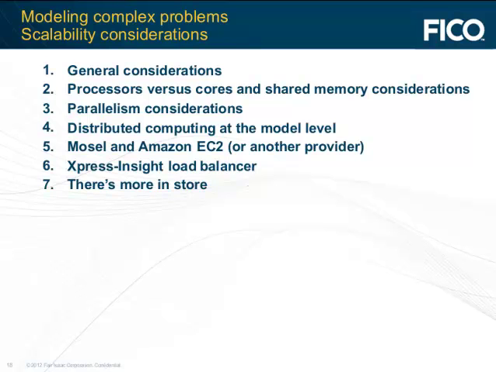And the final point, Oliver talked about the FICO Analytic Cloud. When we go live, you will see even more exciting stuff relative to parallelism and taking advantage of distributed computing.